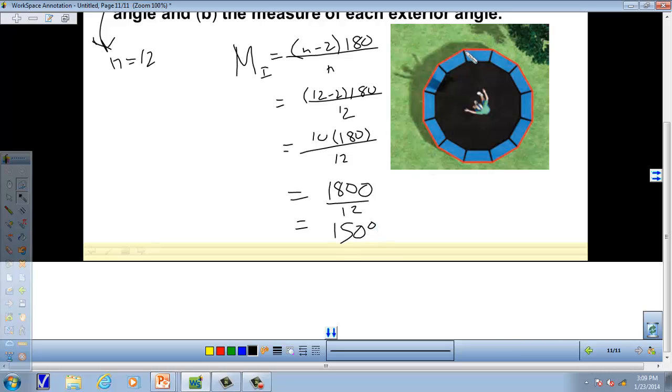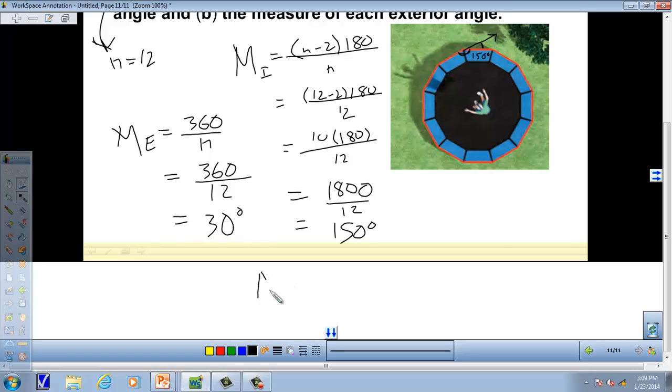So what we're saying literally is that this angle right here is 150 degrees. Now if we extend this out, remember I told you that this angle plus this angle equals 180. So the easy way to find the measure of the exterior angle would be to subtract 150 from 180. But we're going to use the formula, 360 divided by n, to find the measure of this exterior angle. 360 divided by n, which is 12 in this case, gives us 30 degrees.